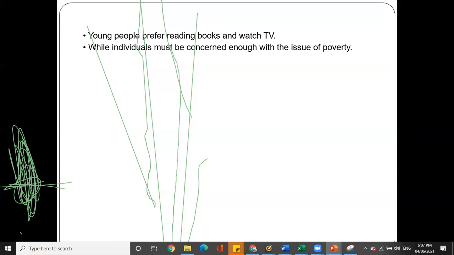It cannot survive on its own. It needs to attach to a base clause, an independent clause or the main clause, by means of a comma. So while individuals must be concerned enough with this issue of poverty, and then comma, and then you go into the main clause. Is that clear?